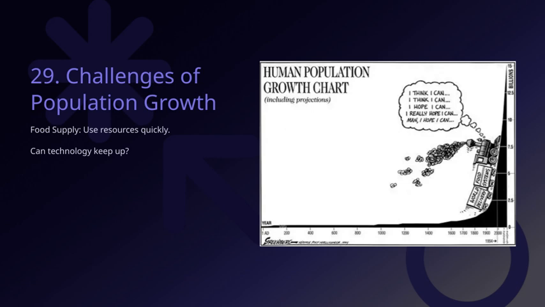We're using resources at an unprecedented rate, which puts a lot of pressure on our agricultural systems and supply chains. This raises important questions about sustainability and whether innovations can effectively address these increasing demands. It's a complex issue that ties directly into the overall challenge of feeding a growing world population while maintaining our environment.